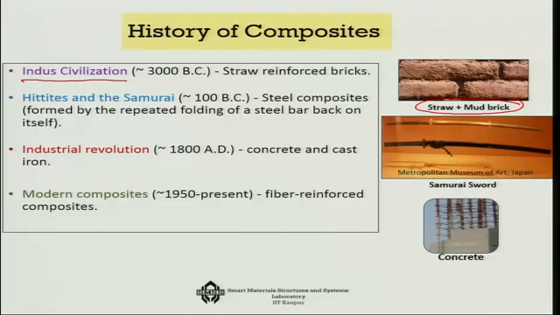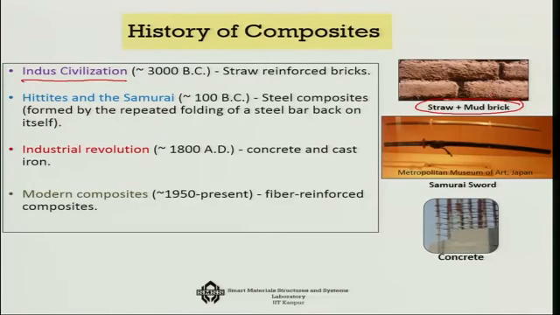So the straw reinforced bricks were so much better in comparison to the bricks at that time in the Mesopotamian civilization and other civilizations, that even today you would see in Mohenjo-daro and Harappa and all such places the evidences of beautiful structures which are made of the straw reinforced bricks.